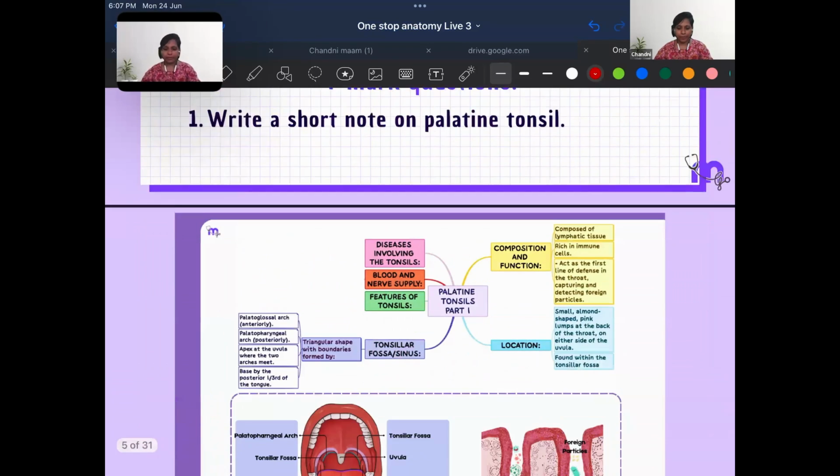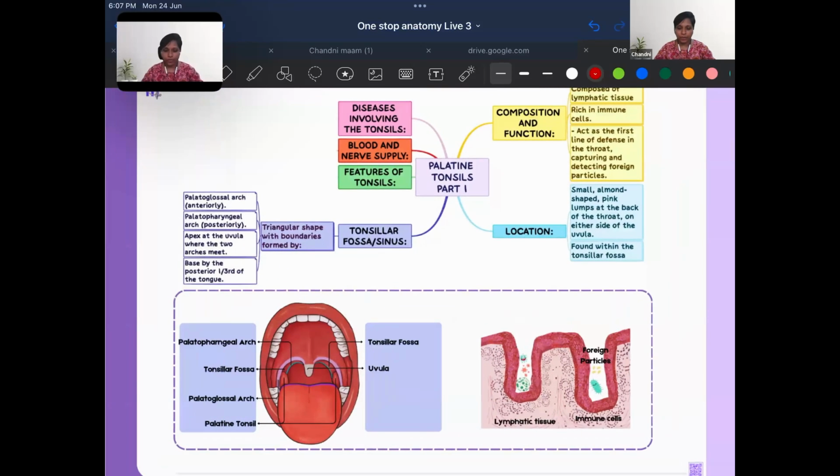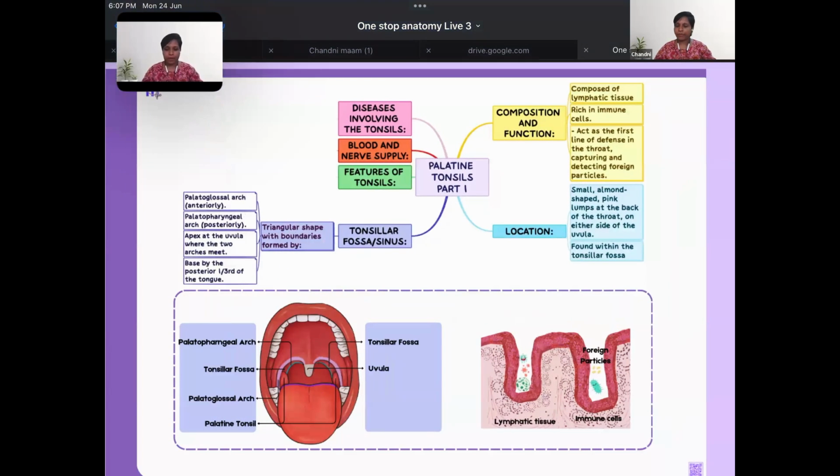And some clinical anatomy. Whatever I'm going to cover today is all covered in our mind maps. I don't know if you've seen these mind maps. They are a fantastic revision tool because if you know how to read a mind map, we go clockwise from the 1 o'clock position, 4 o'clock, 6 o'clock, 8 o'clock, 10 o'clock.